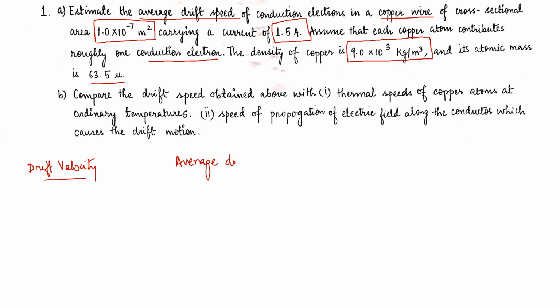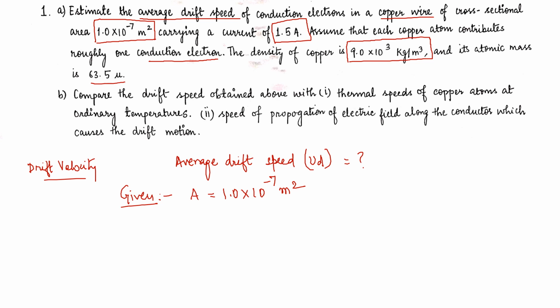Average drift speed, Vd. This is unknown to us. What information is provided in the question? The cross-sectional area, which is very small, 1 into 10 to the power minus 7 meter square.